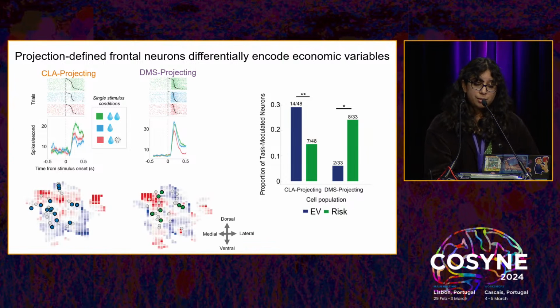This differential representation could not solely be explained by the spatial gradients we observed across frontal regions alone, because projection-defined cells were identified across all subregions of the frontal cortex. Therefore, we observed that different projection-defined populations of frontal neurons differentially encode economic variables beyond the regions of the frontal cortex from which those projections originated.